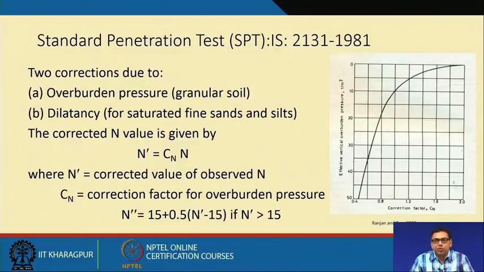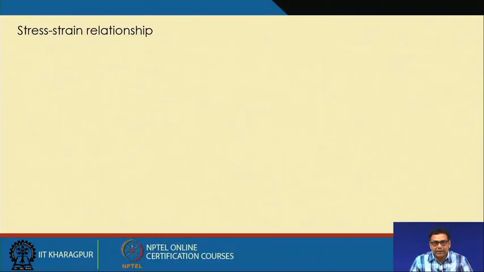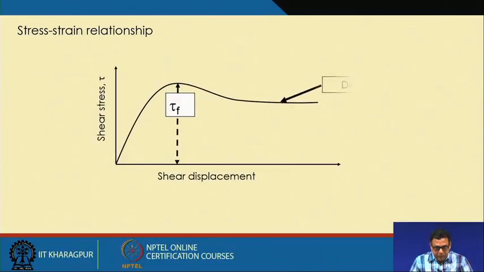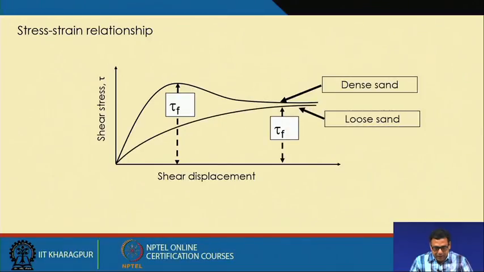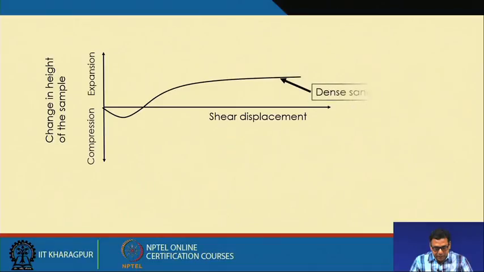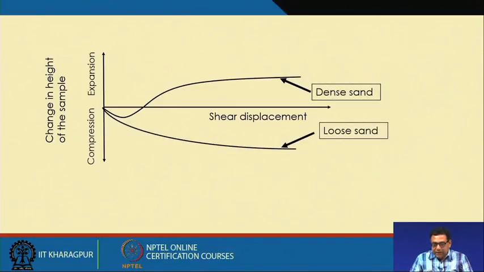To know that, we should know what dilatancy is. In one word, it means what happens when you apply load or shearing. As I mentioned, if you look at this stress-strain curve and the volume change curve, in dense sand the volume first decreases, then increases, and in loose sand the volume continuously decreases.